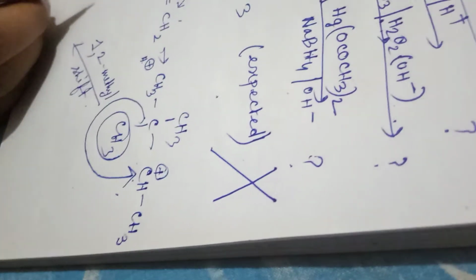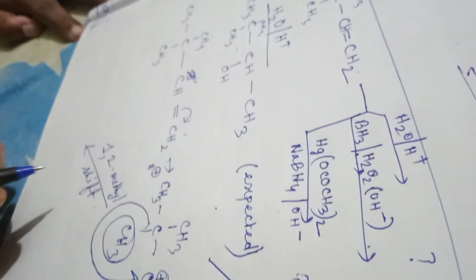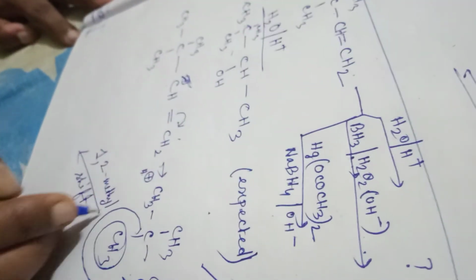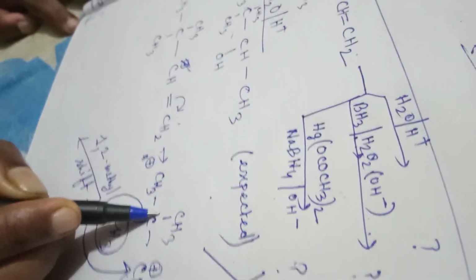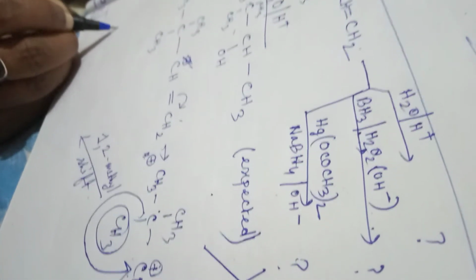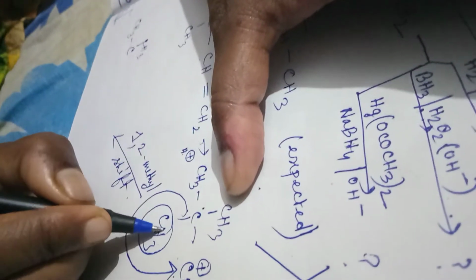And why is it shifting? Because after shifting this methyl group, this carbon will get the positive charge. What will be the product here after this? CH3, this CH3 I am writing, next C, next CH3 as it is, but this CH3 we will not write because it is added to this carbon. So here this carbon will get the positive charge.